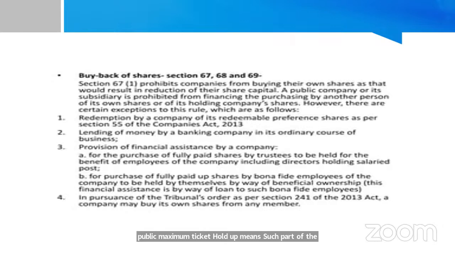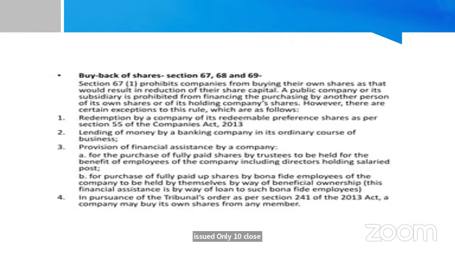So supposing the authorized capital is 100 crores, out of which the company has issued only 10 crores. Okay, so authorized is 100 crores. So the maximum the company can raise is 100 crores. At one time, the company has issued only 10 crores.